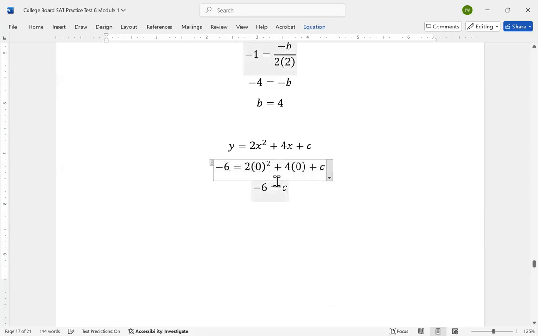Let's just go through the option where you plug in -1 for the X and -8 for the Y. We're going to end up with -8 is equal to 2 minus 4 plus C. 2 minus 4 is a -2.